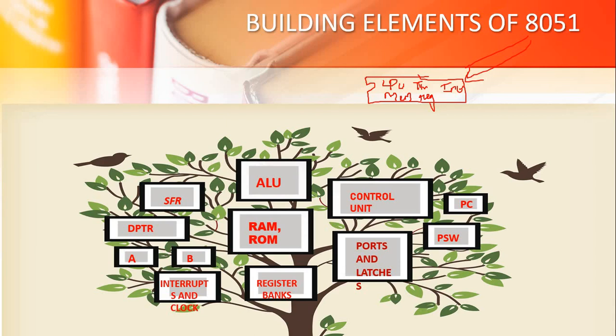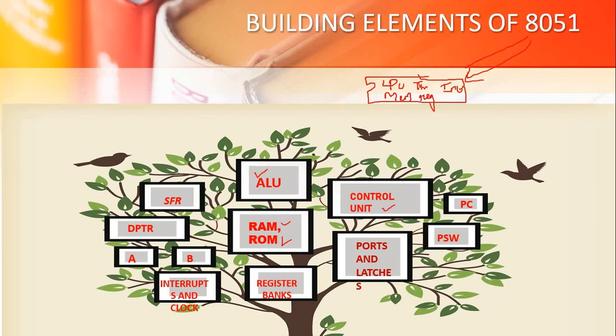The ALU is the processor unit, and the RAM and ROM store the data and programs, so we use them as the memory unit. The control unit is mainly used to control the instructions, or to convert the data into one instruction.